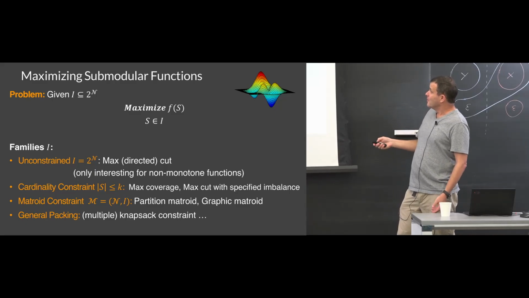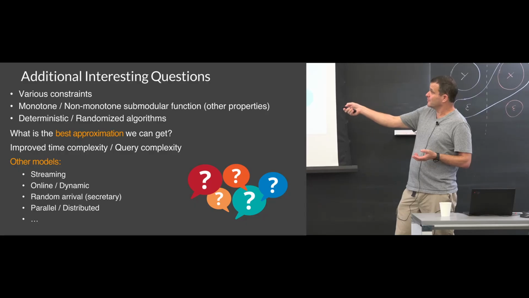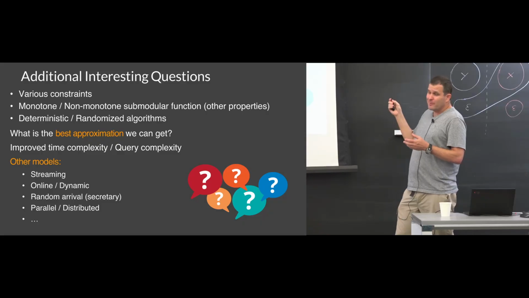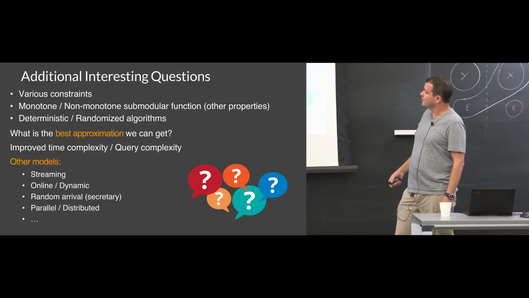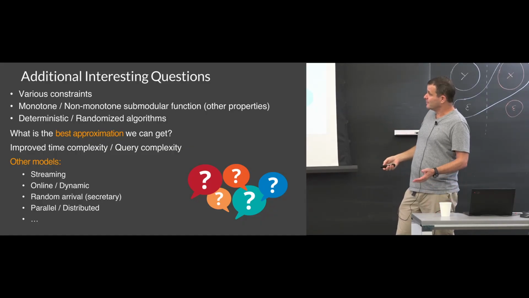Great, so what is in the area? As I said, there are various constraints, families of feasible subsets. There are monotone and non-monotone submodular functions. There are more definitions that capture other properties of the function. There are deterministic and randomized algorithms.